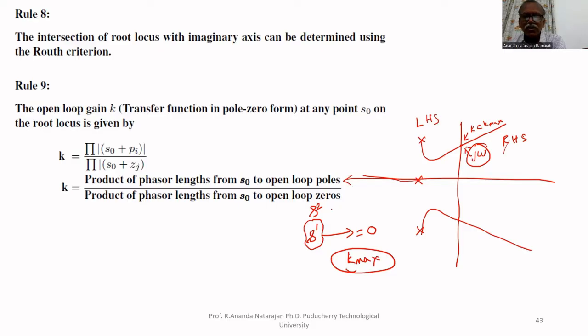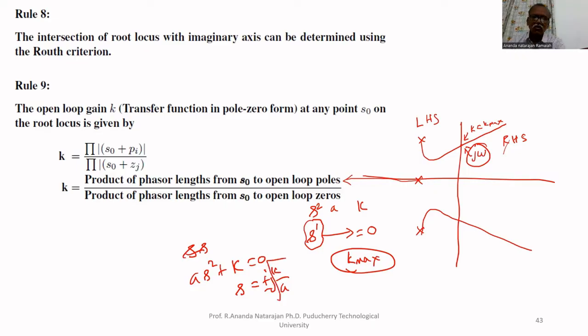It will be a function of, let us say, a and K. Therefore, you will get a s square plus K equal to 0. From that you can find s equal to plus or minus j square root of K by a.